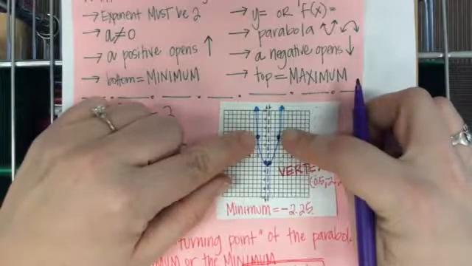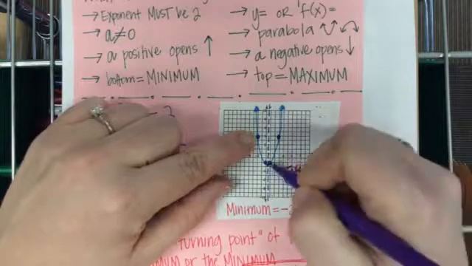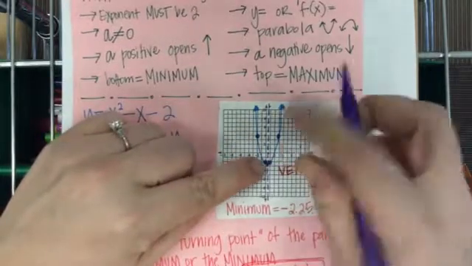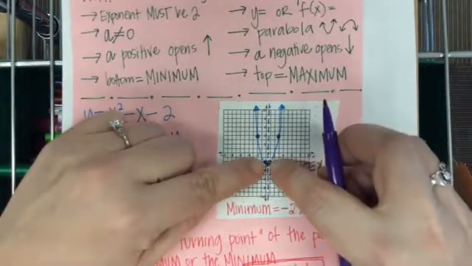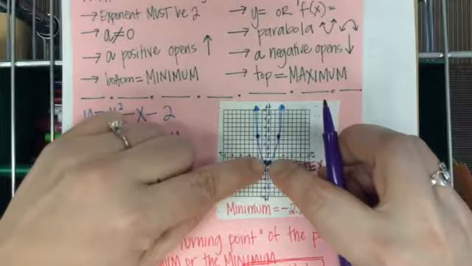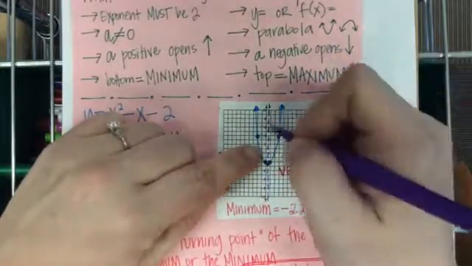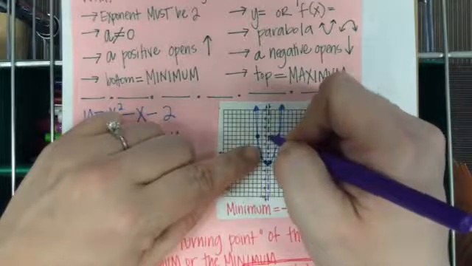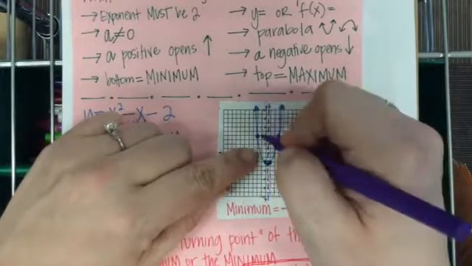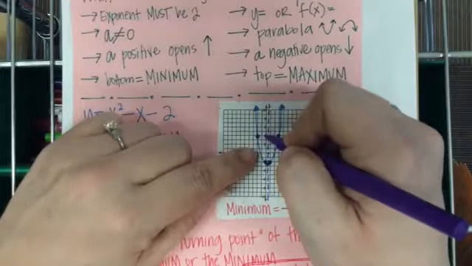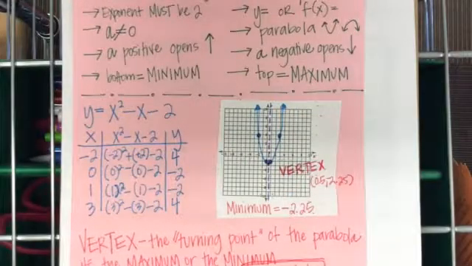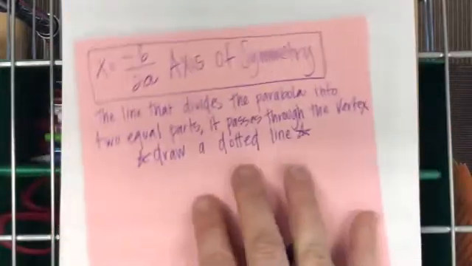Yeah. They're symmetrical to each other. It proves that that is the middle because this one is 2.5 away, and this one's 2.5 away. So the axis of symmetry is negative b over 2a.